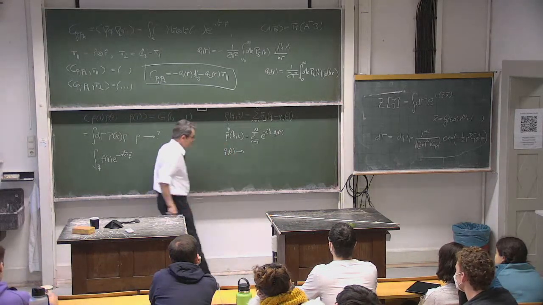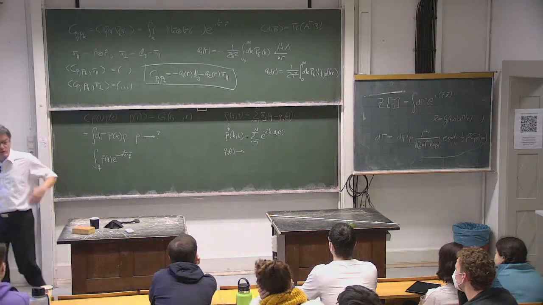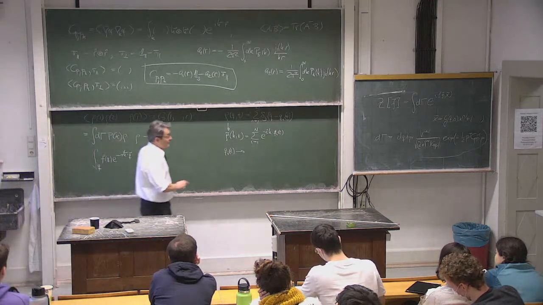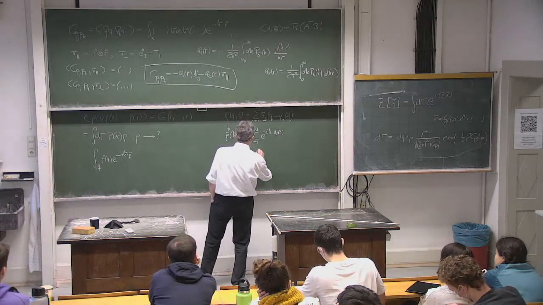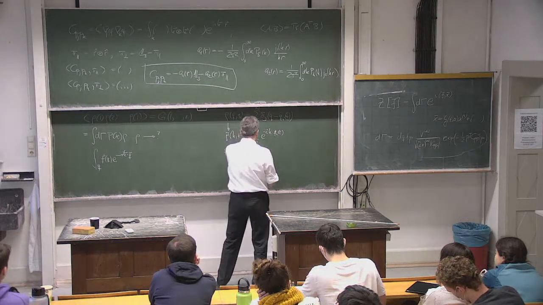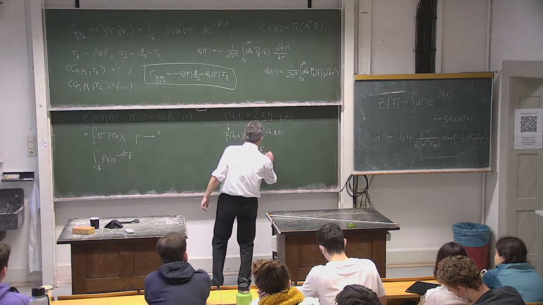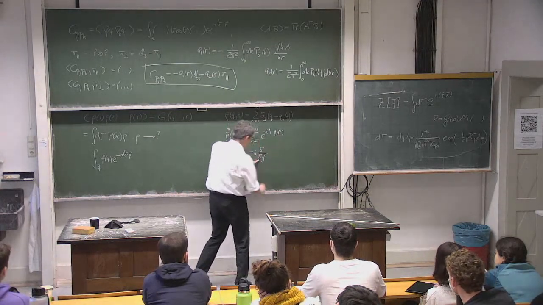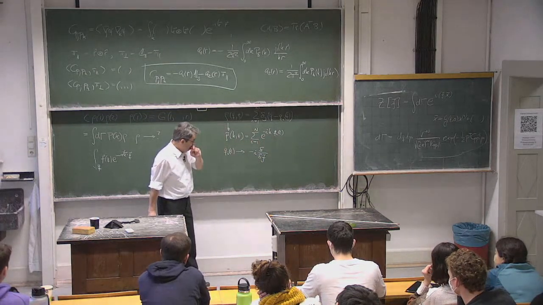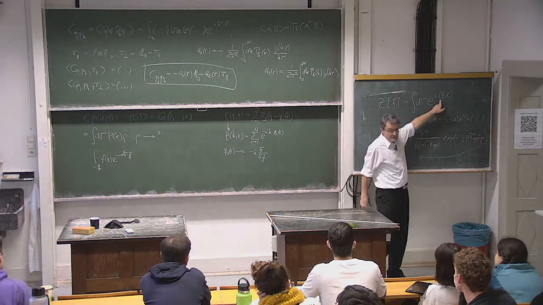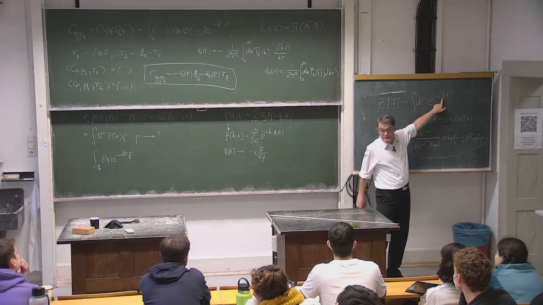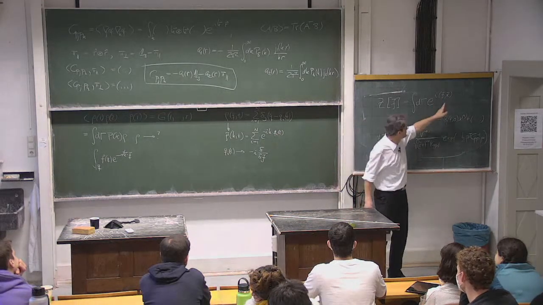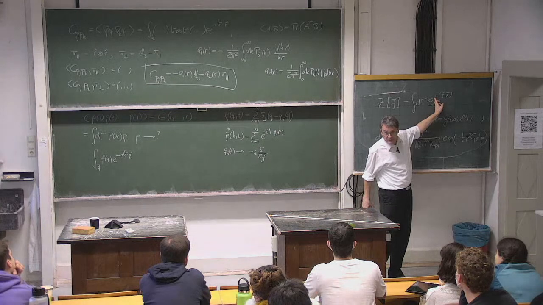I'm going to replace the particle positions q_i by an operator extracting the particle position from the generating functional. And by definition of the generating functional, this is going to be minus i times the derivative with respect to the source field J. Since the source field J is a function, I have to take a functional derivative. Then I'm pulling a factor of i down.